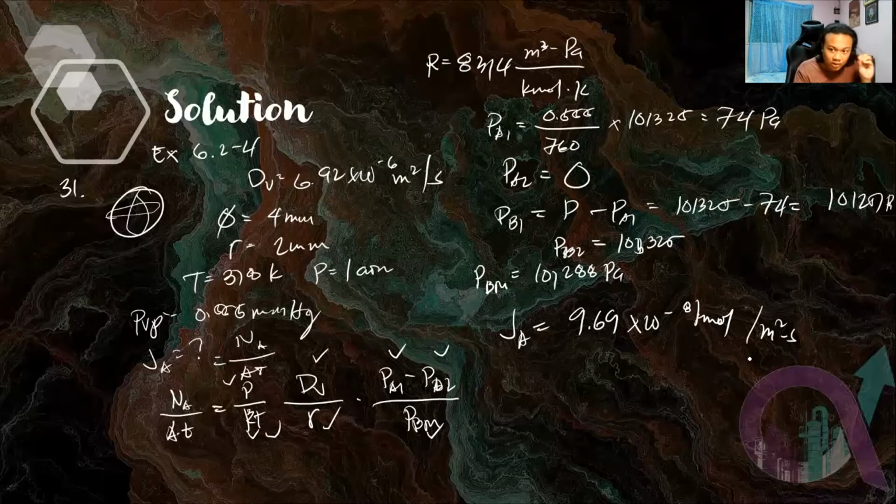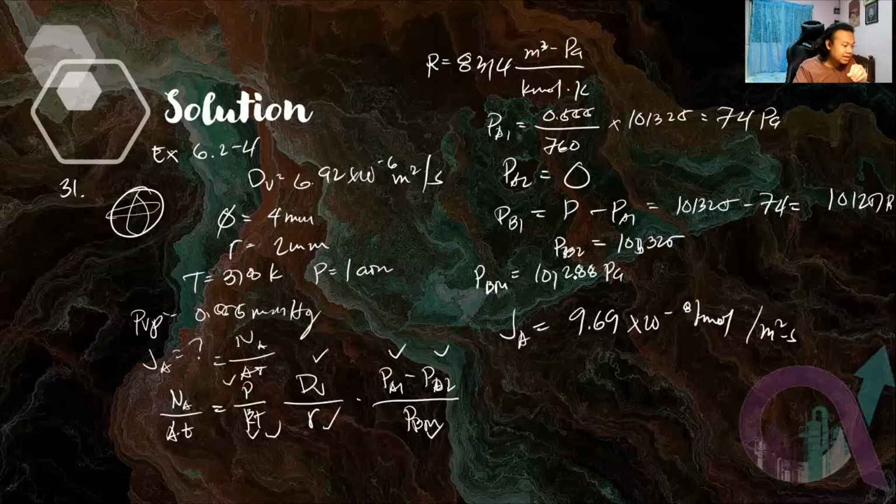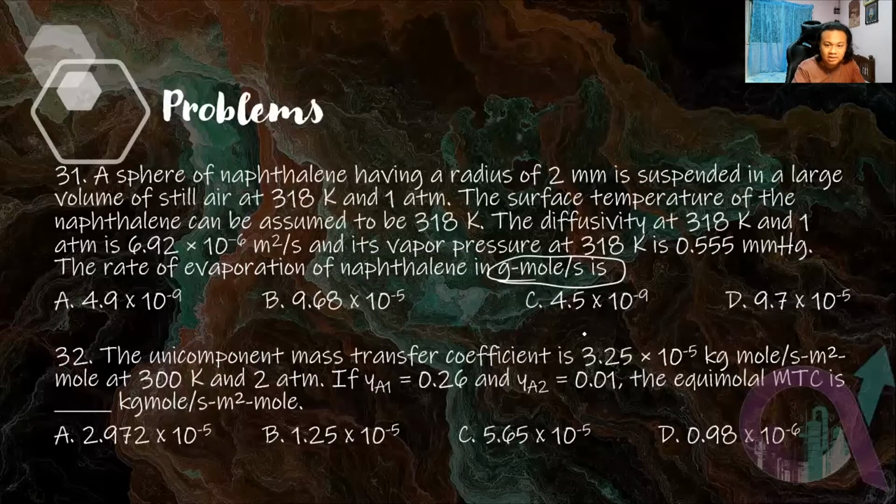But what is required here is the gram moles per second. So just multiply it by 1000 and then you will get 9.69 times 10 to the negative 5.